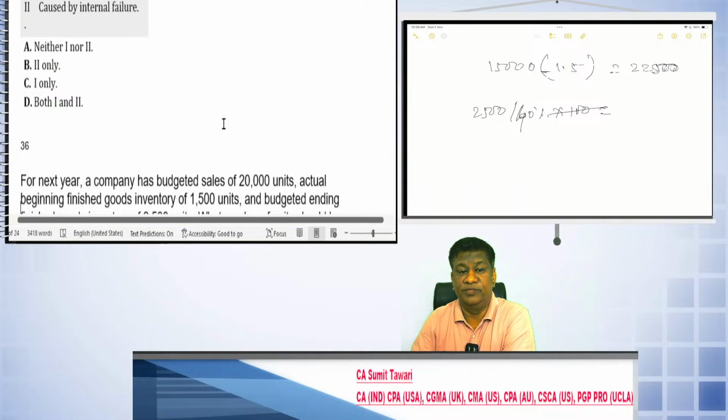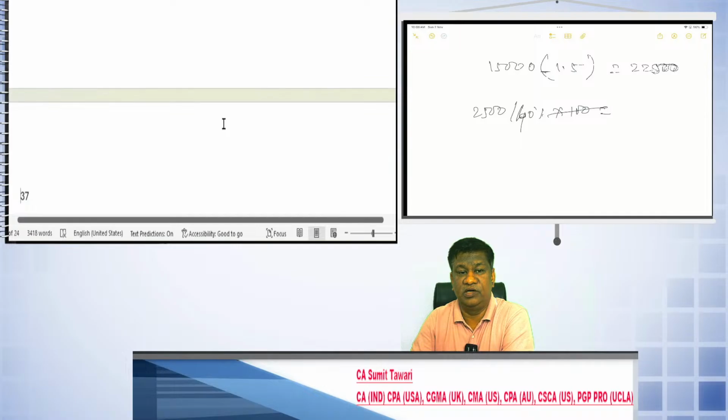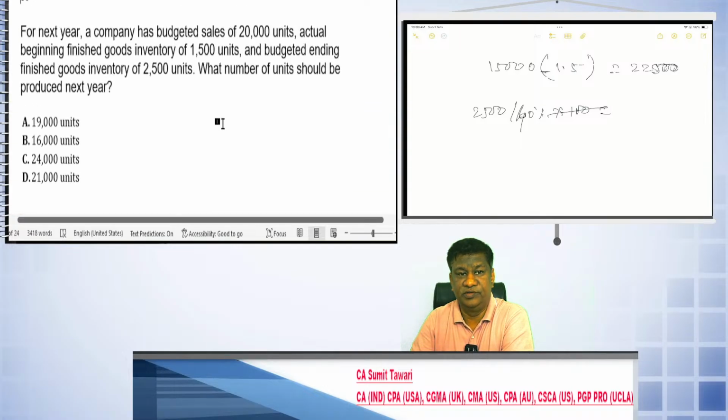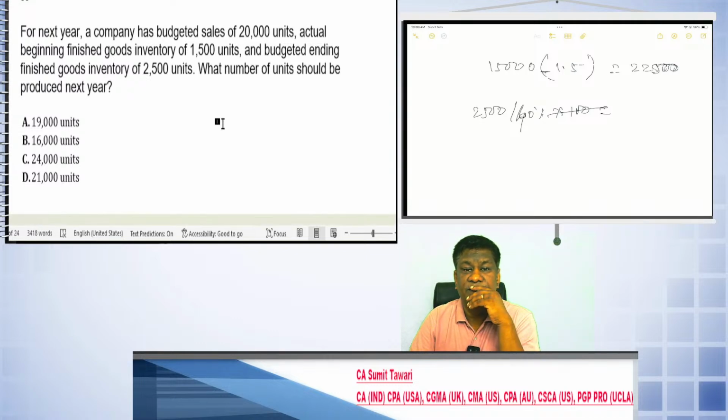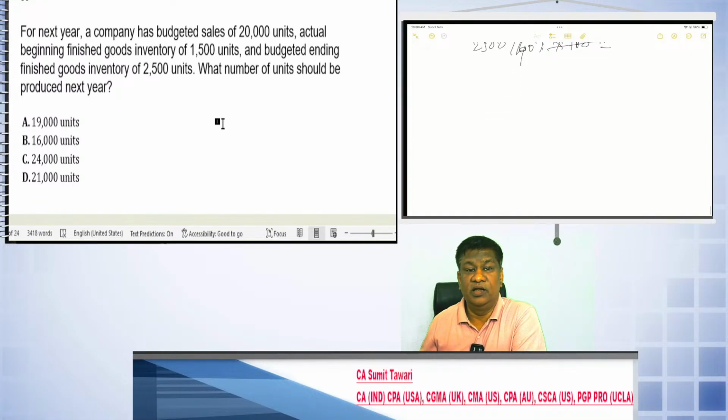If there is any mistake by the customer, we are not responsible for it. Question number 36. $21,000. So it is again ending inventory, beginning finished goods as budgeted. So 2,500 plus 20,000 minus 1,500. 21,000.